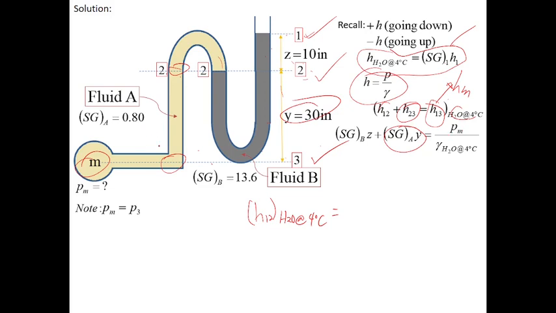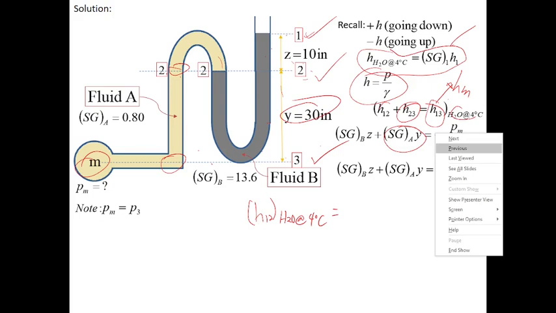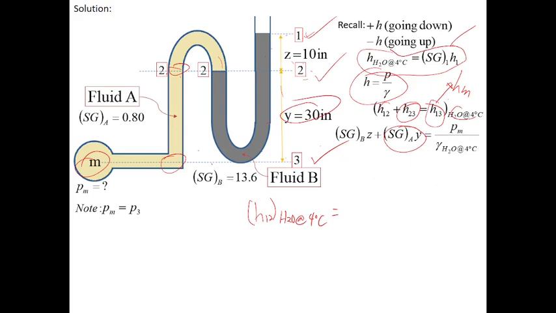The pressure head at M, from 1 to 2, then from 2 to 3, is equal to the pressure head at M, and it is given by this equation: Pm over unit weight of water at 4 degrees Celsius, because of this formula, P over gamma.